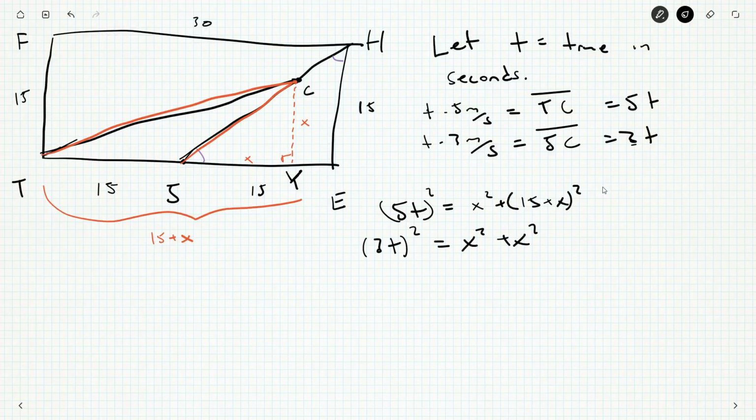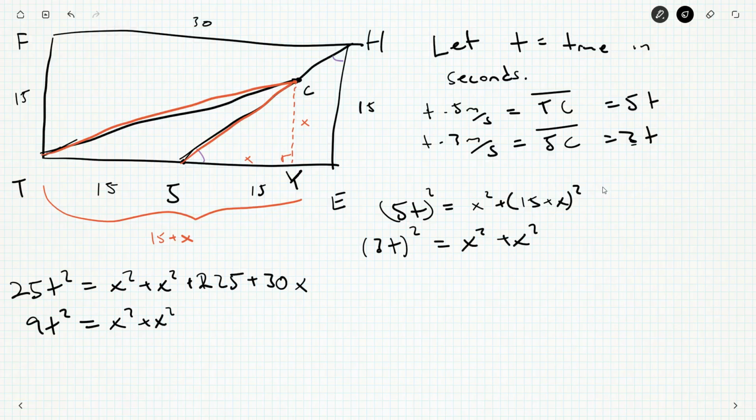Both of these equations are going to have X squareds. I'll expand the first equation. 25T squared is X squared plus X squared plus 15 squared is 225 plus 30X. And then we've got 9T squared is equal to X squared plus X squared.